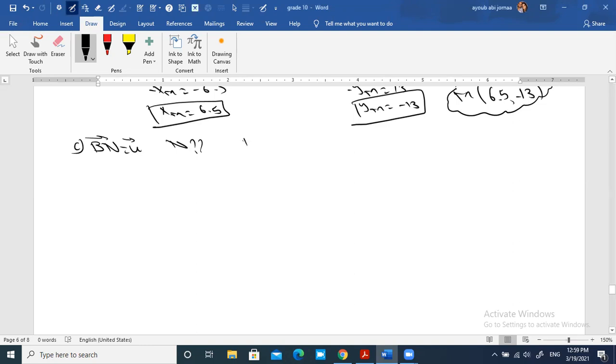I will write them again. Point B has coordinates negative 1, 3.5 and vector U has components or coordinates negative 2, 1. How to find the coordinates of point N?